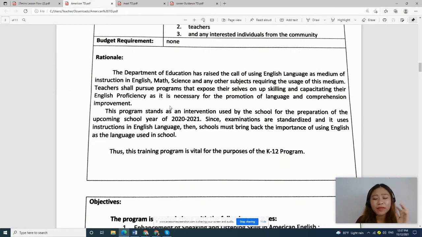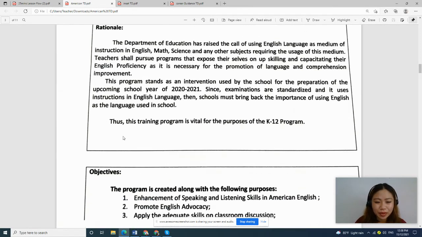If you only have a national memo, then you could use it. If you have a national and a division memo, then you can use two. So you have to arrange it from the highest to the lowest. If you only have a district memo, that's possible, you could use it in your rationale. Make sure that you have a legal basis for why you are conducting this one. Okay, so it must be included in your rationale.